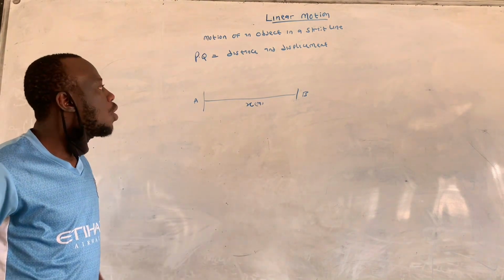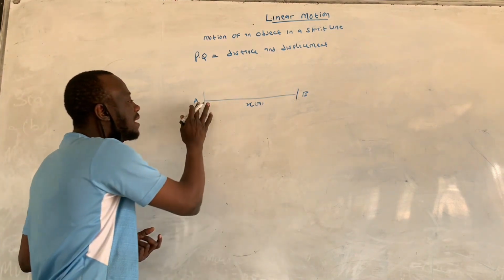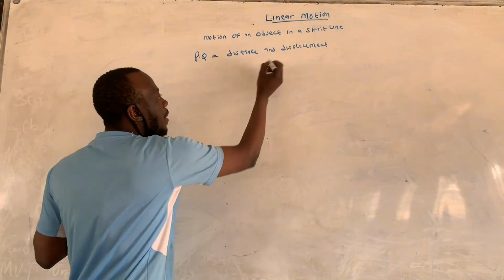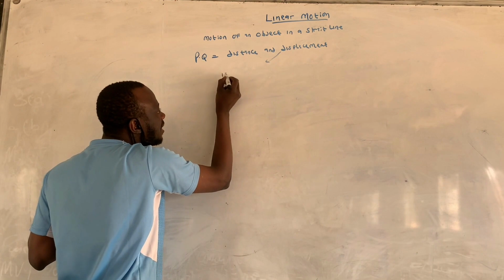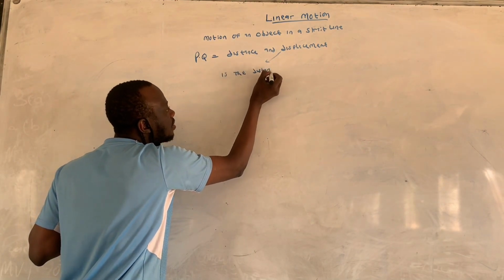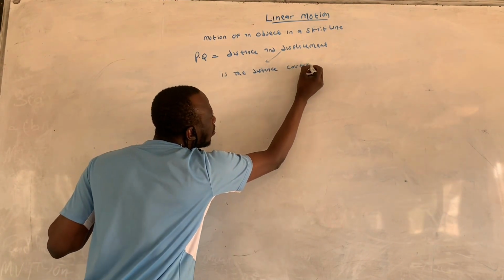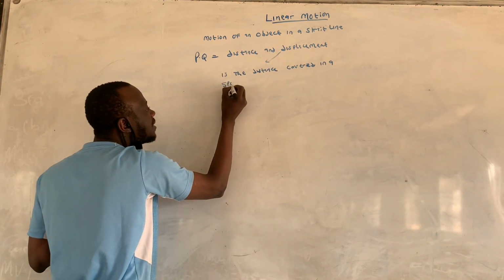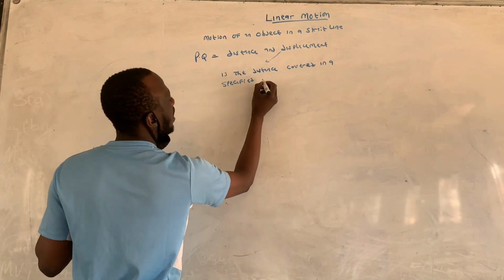That is why, while defining displacement, we need to add that it is the distance covered in a specified or constant direction.